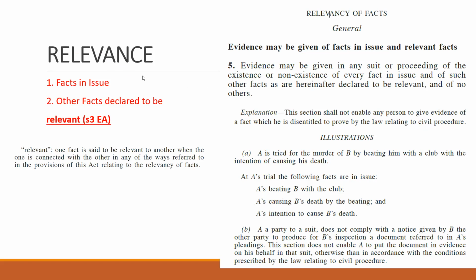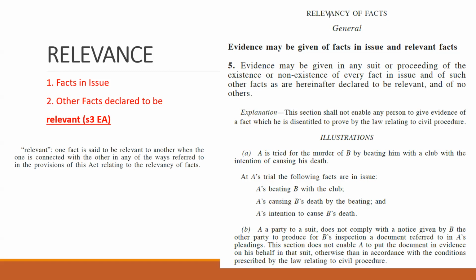And before you understand what is relevant, it is good for you to understand a few terms first, okay? You must go to your Section 5 in a very detailed manner, whereby your Section 5 already told you the first part of your Evidence Act, Part 1, relevancy.